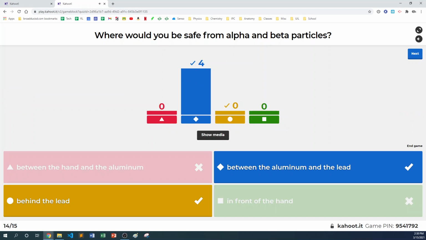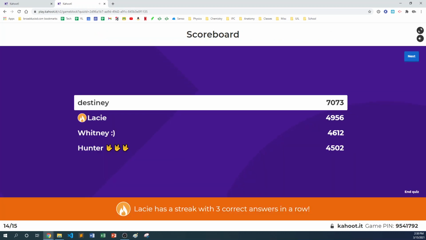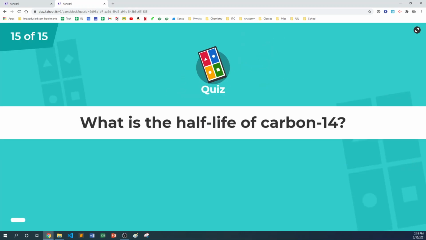So, between the aluminum and the lead, also behind the lead. Both of them are well suited ones, but I would argue that blue is the better answer out of them if you only had to select one. I was looking at the picture, it took me a second. I couldn't read all of them.